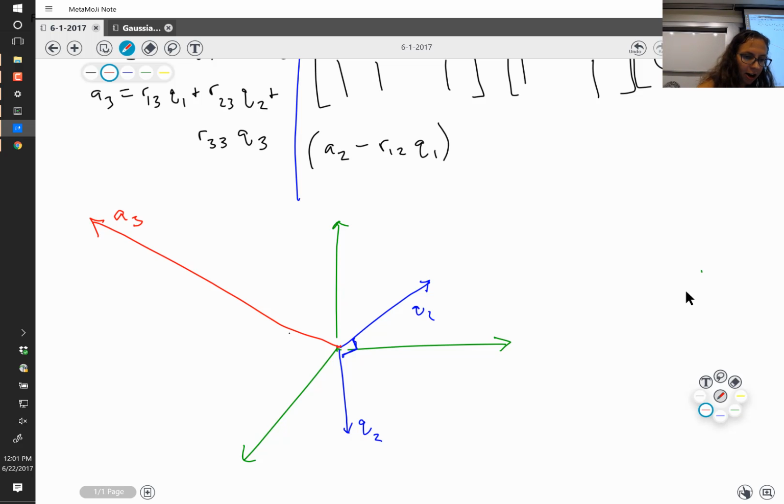Exactly. So we're going to project it onto Q1. Oh, sorry, my 1 looks like a 2. Let me fix that. This was Q1. So we project it onto Q1. I'm going to redraw A3 so that it is clearer what its projection would look like.